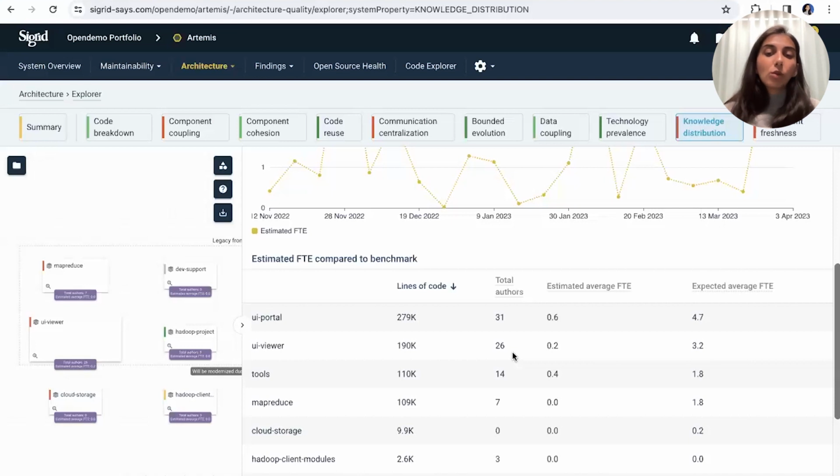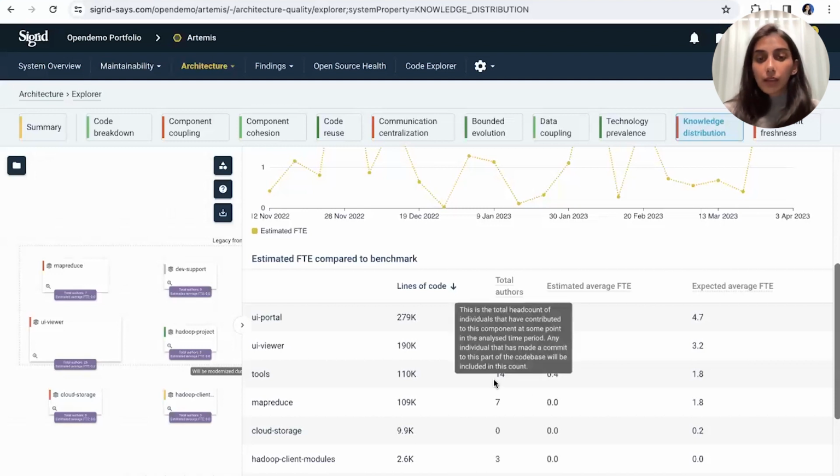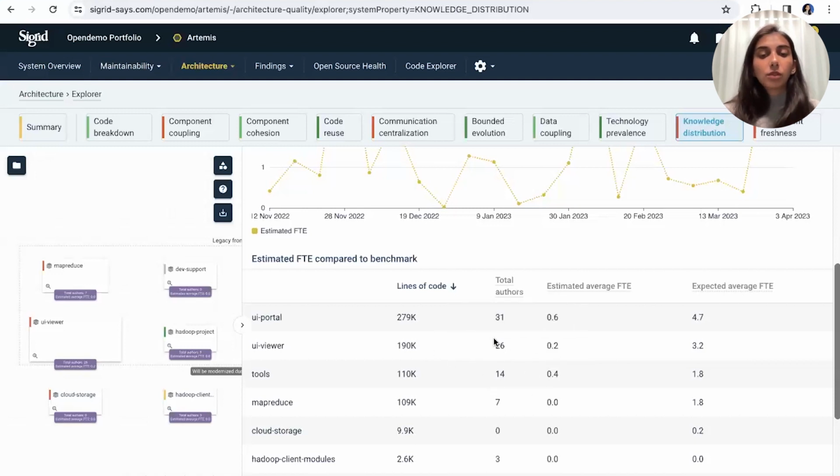But we found unique names from the commit history, and that's where this headcount comes from. So it includes people who regularly commit to this component, but also someone who just made one commit. So it is just unique headcount.